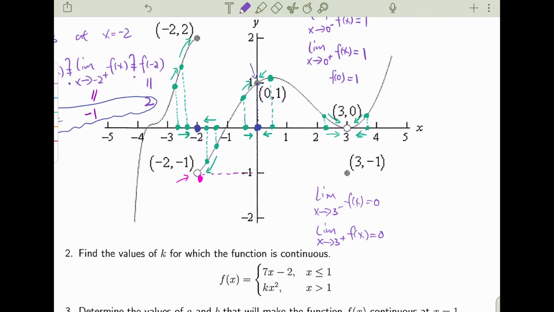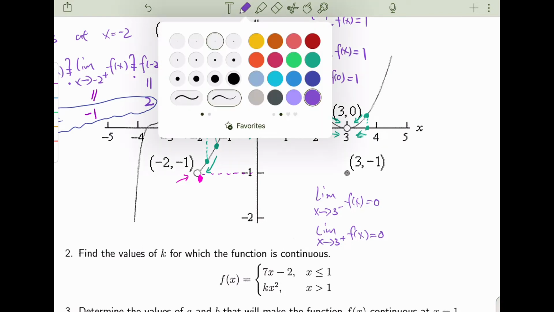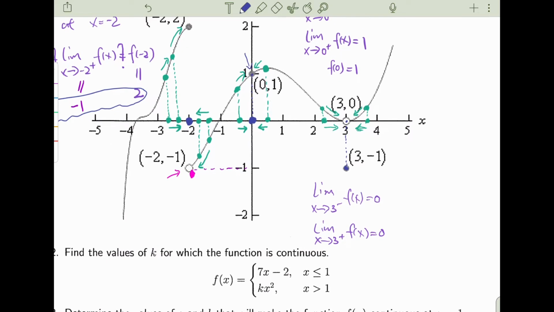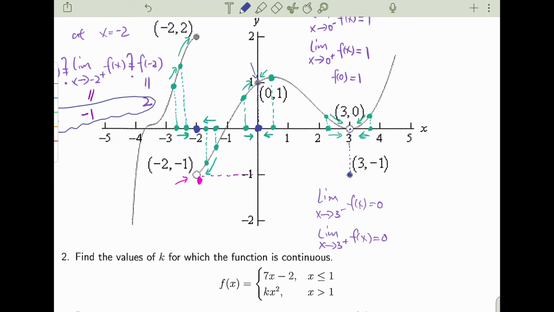Now we're gonna find the value of the function, right? So we're gonna go from the point x equal to 3 on the x-axis, which is here, right? And then look up to your graph, and you find that the value of the function is here at this solid dot, which is below the x-axis.